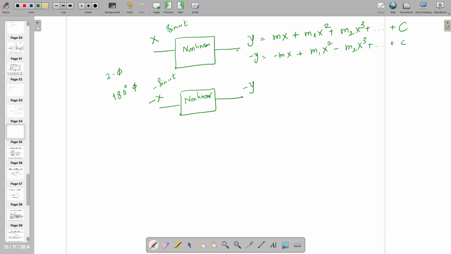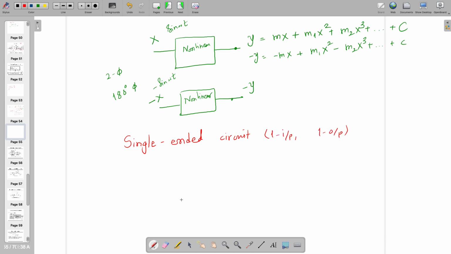There is one separate class of amplifier. Earlier, whatever you have studied in IC 161 or whatever we have studied, is known as a single ended amplifier or single ended circuit, which has one input, one output.